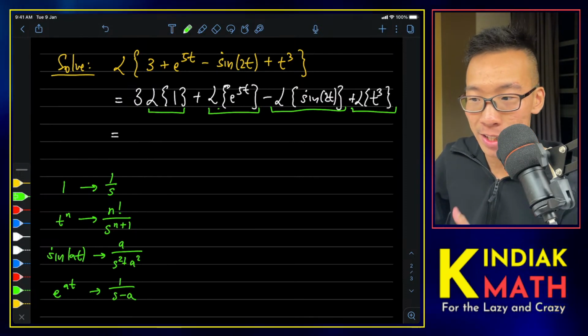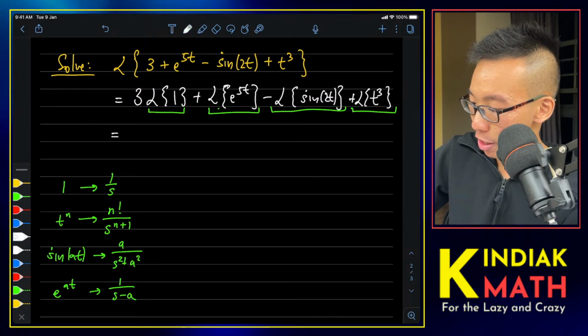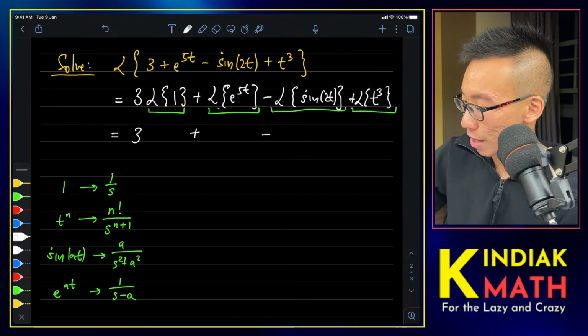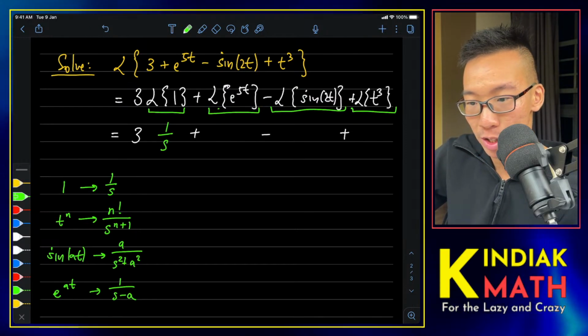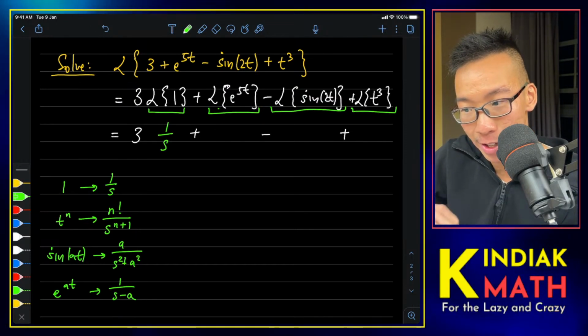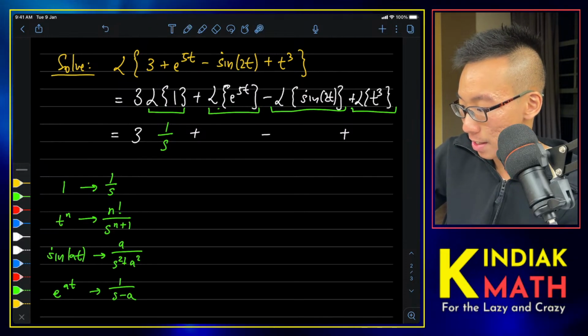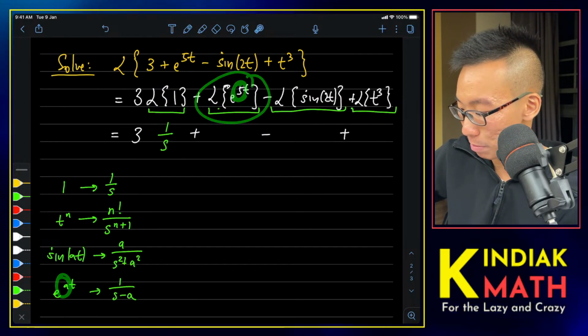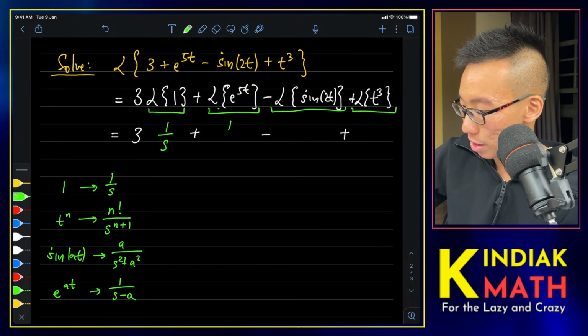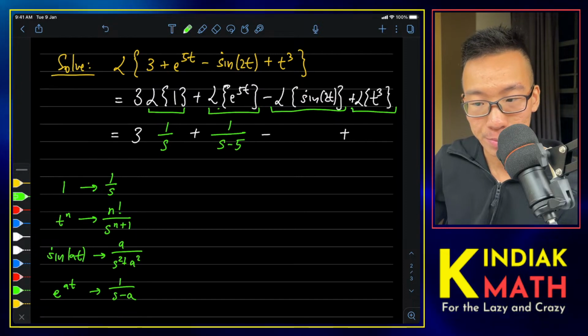And so we can apply each of these expressions. In fact, I'm going to first write out the template and then copy out each of these expressions. We need to contextualize with the correct value of a. In the second term, a equals 5, so we're going to replace this a with 5.